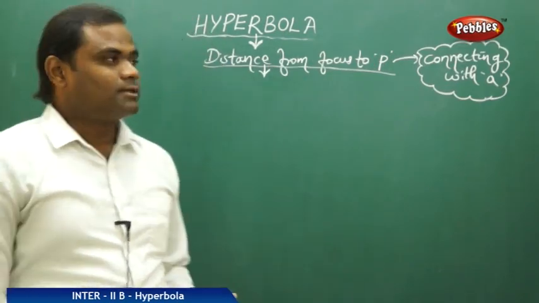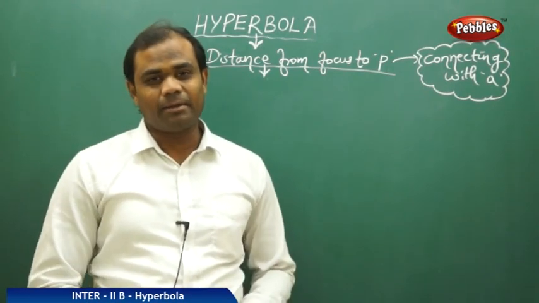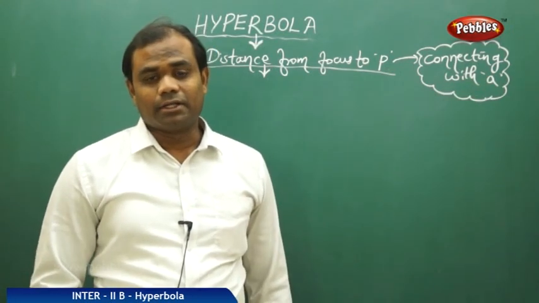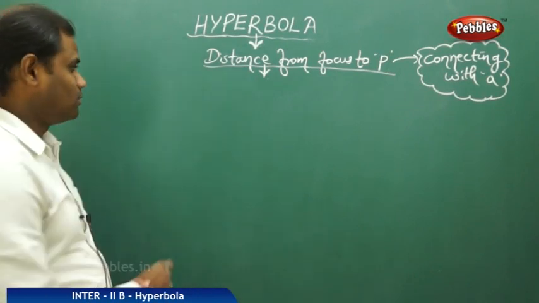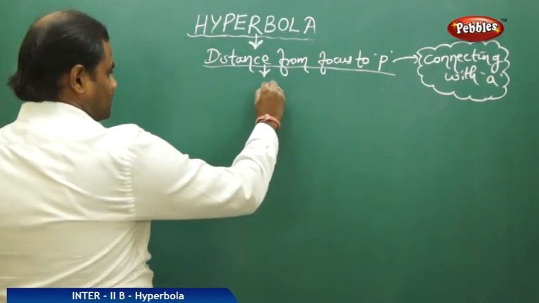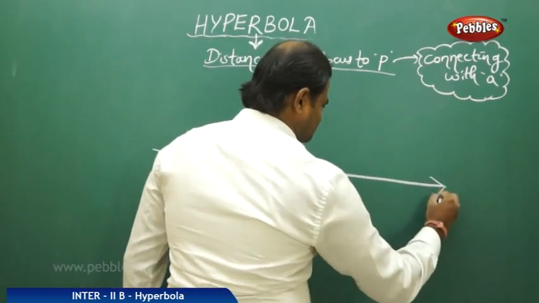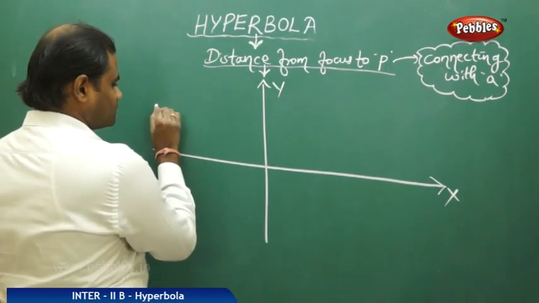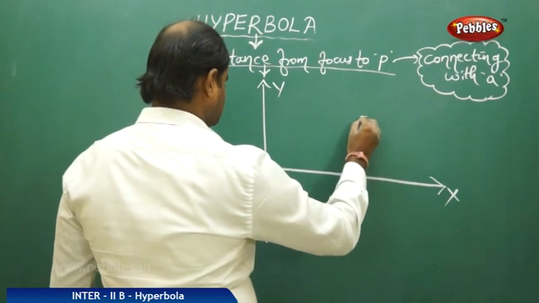Now let's see the connection of the distance from focus to any point in the hyperbola, which is related with a, that is half the length of major axis. So as we know, the standard equation of hyperbola has its shape in the xy coordinate system in this form.